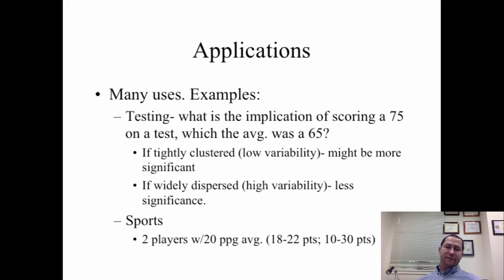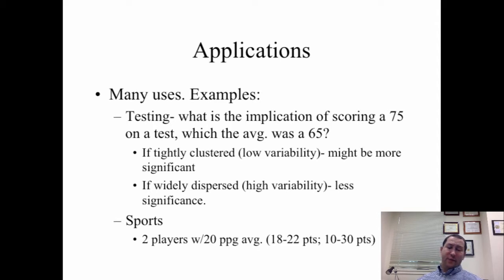If two standard deviations above the mean was something like a 95, getting a 75 is no longer that impressive. You see? If two standard deviations above the mean was 71, it's very good. If it's 95, then it falls within the normal expectation. So getting a 75 when the average was a 65, ultimately its significance will depend on how tightly clustered or widely dispersed the scores are.